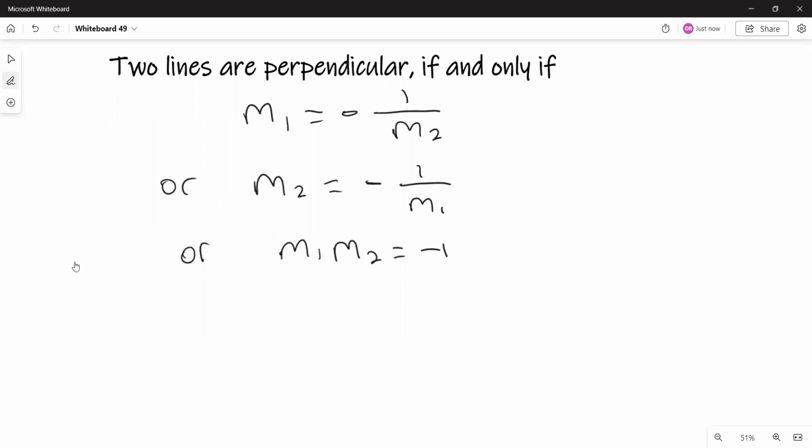Okay. So we're doing this exercise with vertical and perpendicular lines. That's number 52 on page 244.